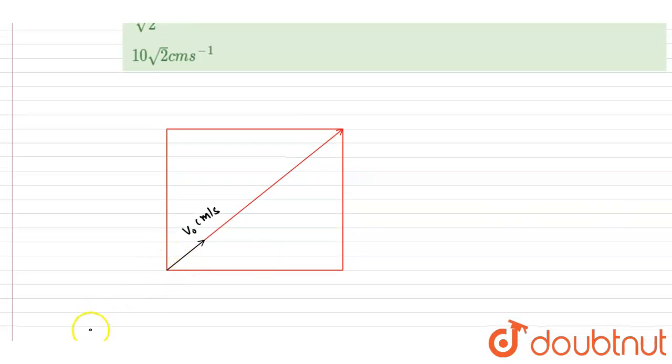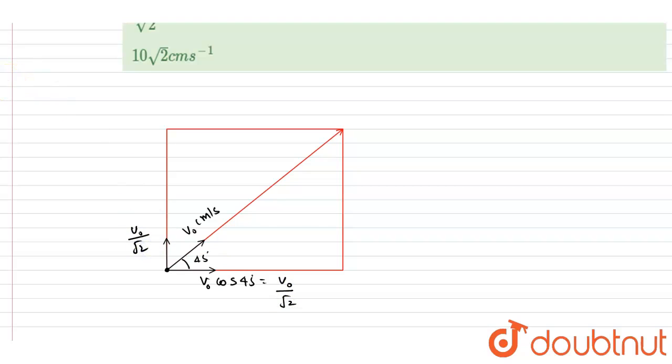The image velocity along the two sides is 10 centimeter per second and 10 centimeter per second. This velocity makes an angle of 45 degrees, so if you break it into components, it will be v0 by root 2 and v0 by root 2, right? So I will write v0 cos 45, that is simply this, and this is.